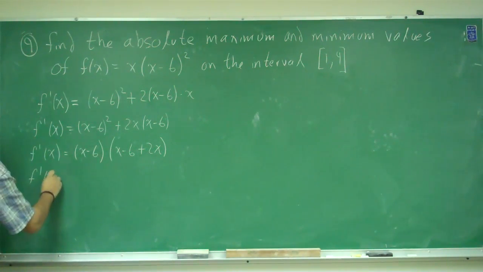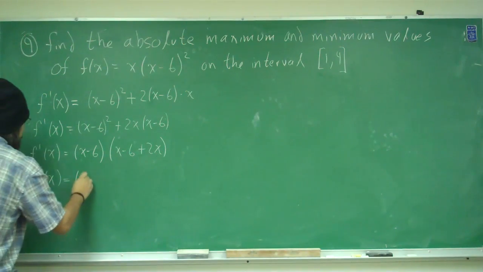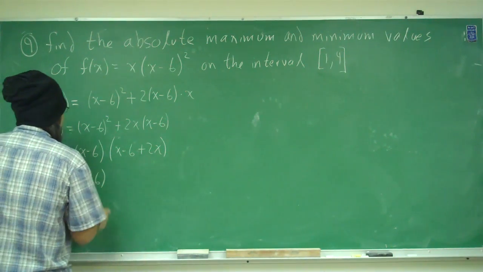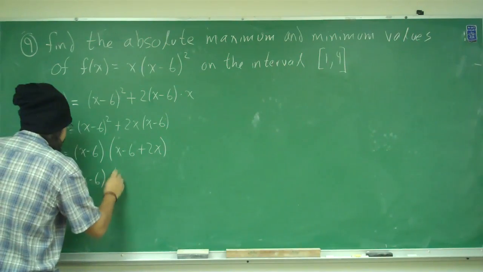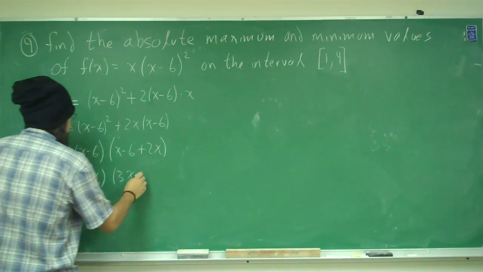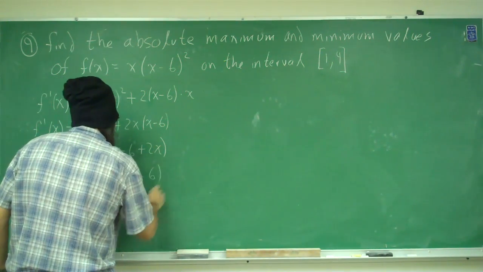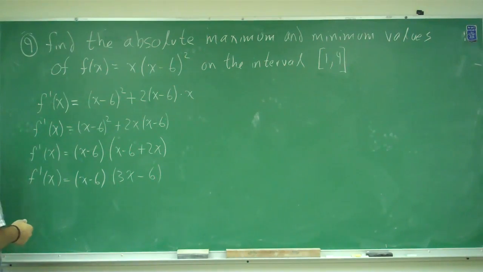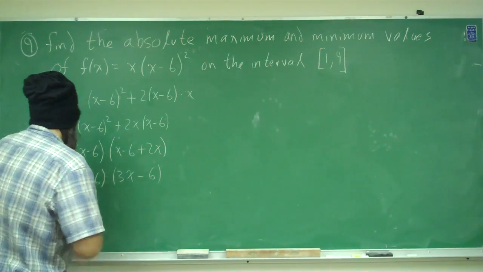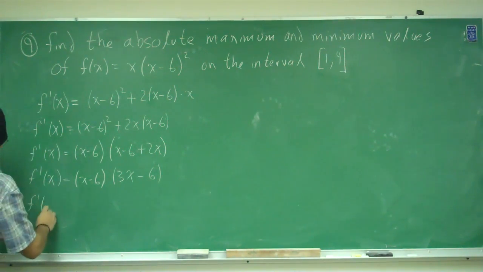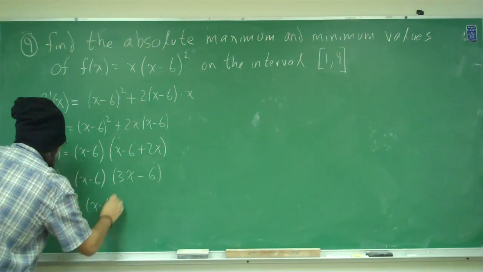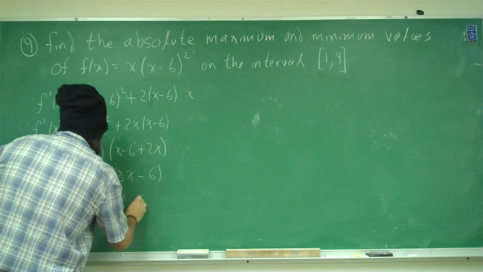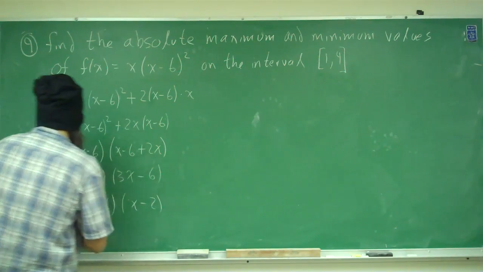And then f prime of x is equal to x minus 6 times, x plus 2x, that's 3x, so we have 3x minus 6. Then we go ahead and factor out a 3, and we're left with x minus 2.